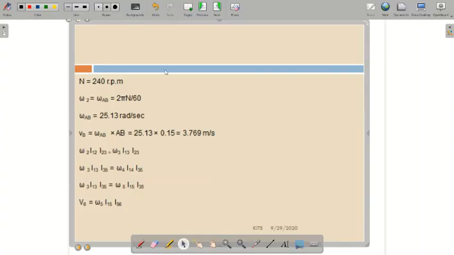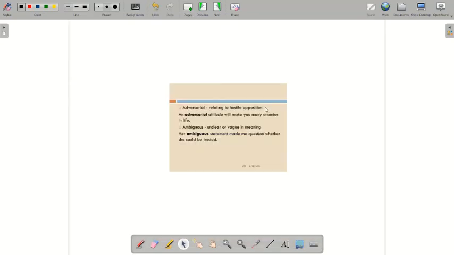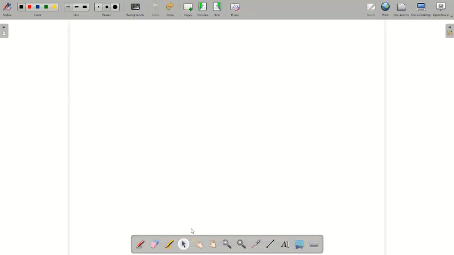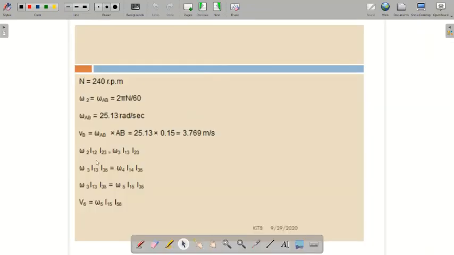Press open board. Right. Let us move to calculation.